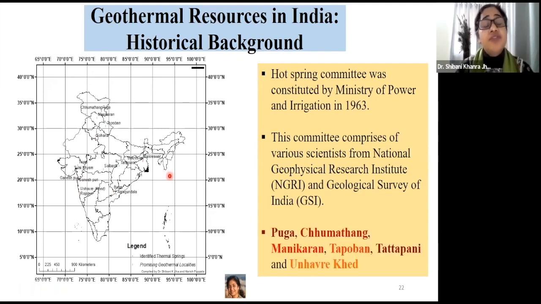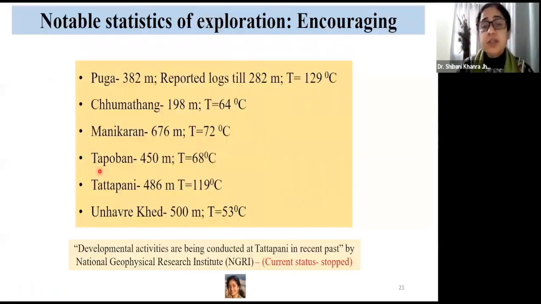And they have identified almost 340 thermal springs all over the country. At the same time, they have also identified some of the promising geothermal provinces, fields and localities. From that, we have identified some of these promising geothermal fields, which are Puga, Chumatang, Manikaran, Tapovan, Tatapani, and Unhavre Khed, which are located in different parts of the country.